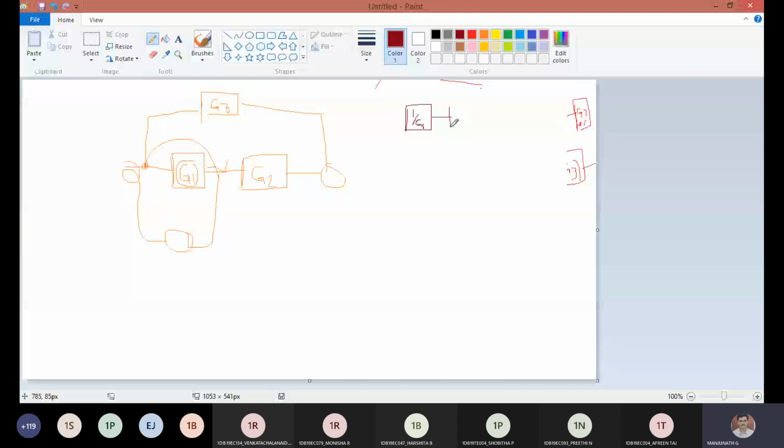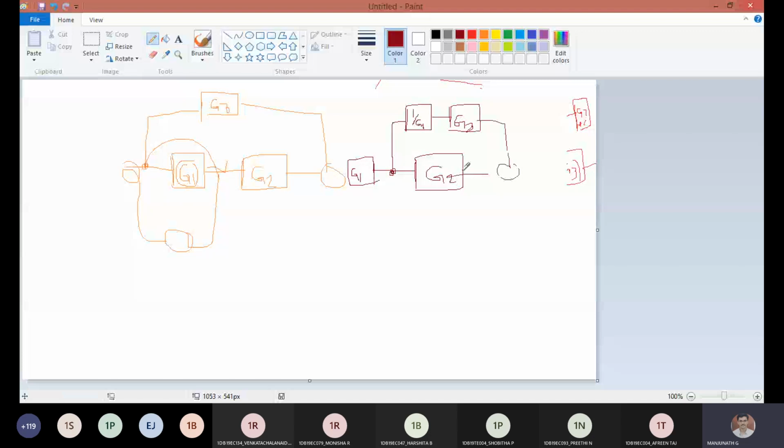I will retain the remaining terms as they are. Now this is my G1. I have moved my summing point from here to here. If you move the summing point, you're supposed to multiply with this term, that is 1 by G1. So then it looks like this.